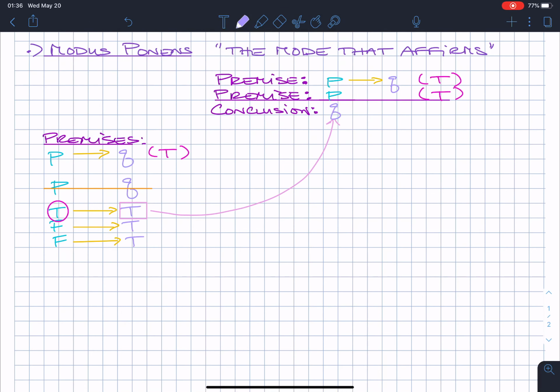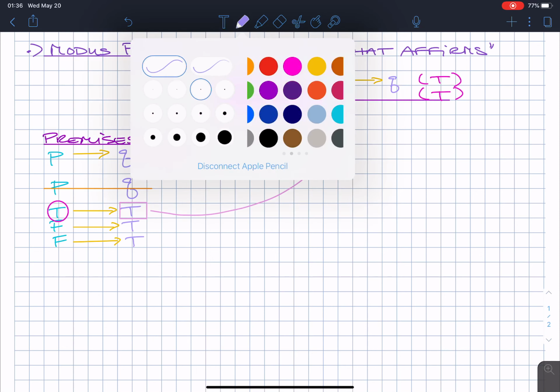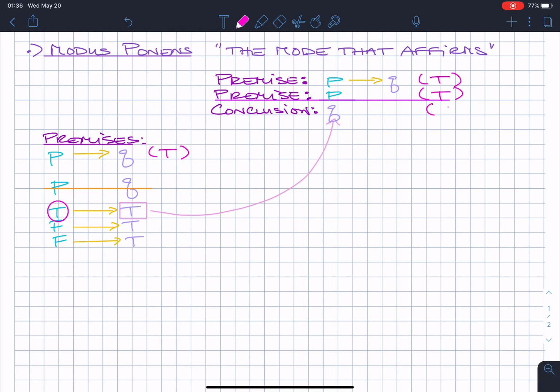So what we conclude must also be true. If P implies Q is true, and we know that P is true, then Q is true. So that is modus ponens.